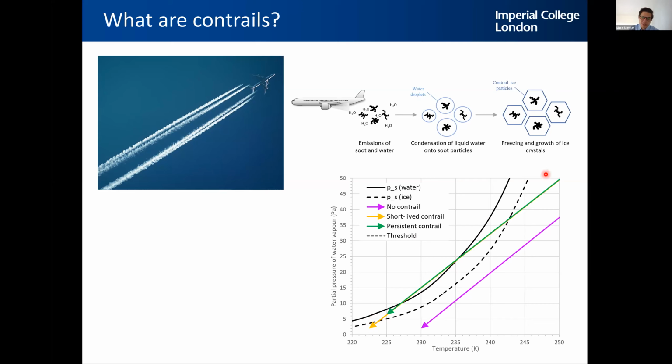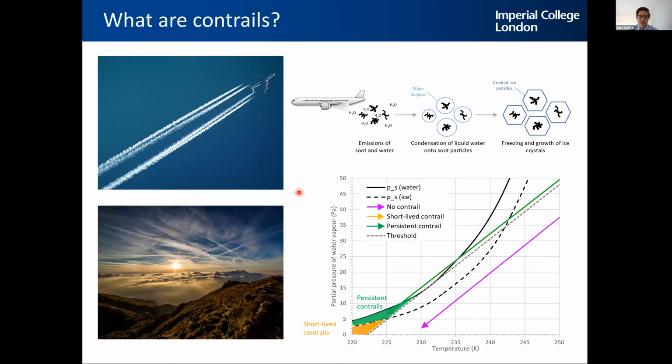But if we have this green line, then this would be an instance where a contrail would form and then persist, because the conditions are such that it's saturated with respect to ice, and so those ice particles can remain. So we typically think of threshold conditions where you need to have exceeded the supersaturation with respect to water for those initial droplets to have formed, and then they can either persist if the conditions remain supersaturated with respect to ice, or they can be short-lived contrails.